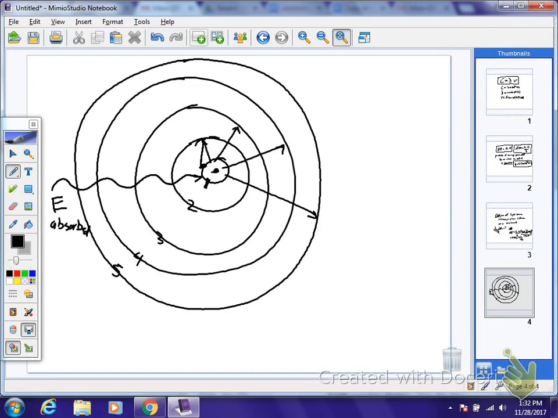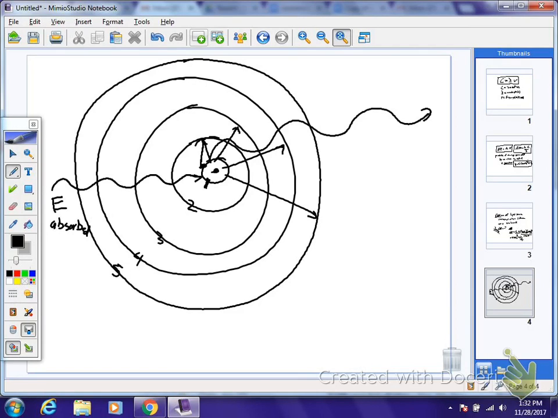Where's the energy going to go? It goes out. And it might go out as a bundle of energy. I'm going to show it as a wave, but it's called a bundle of energy or a photon of energy is what it's called. Okay? And that bundle of energy has a certain frequency.